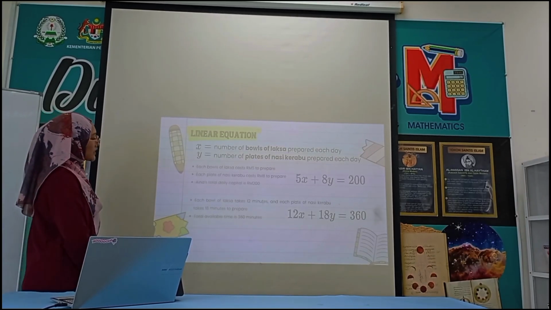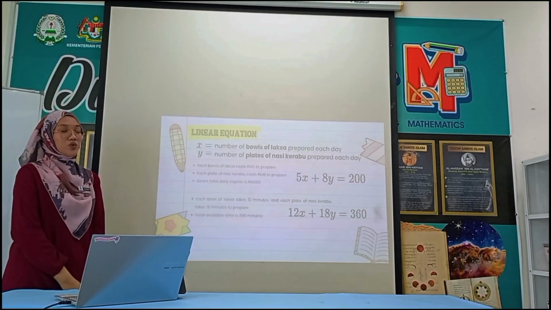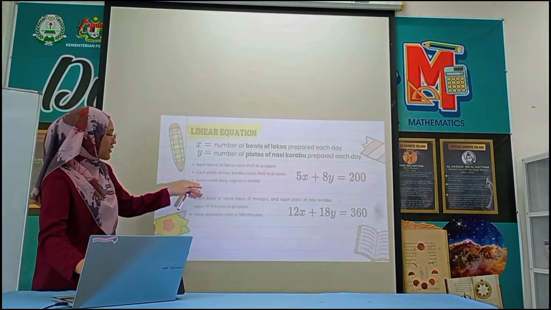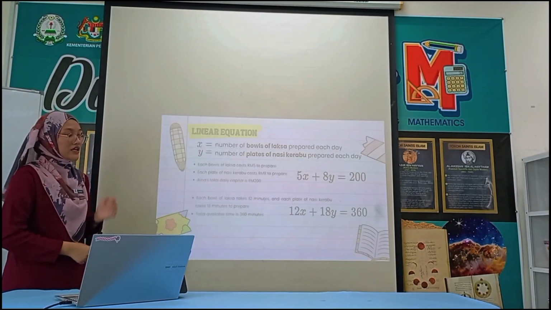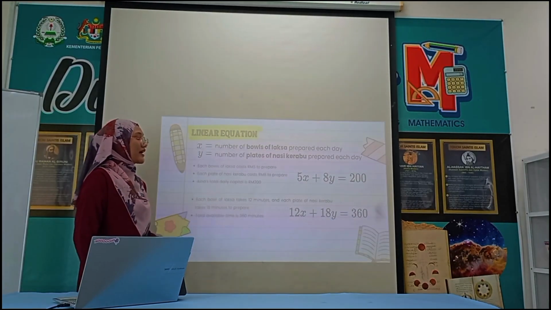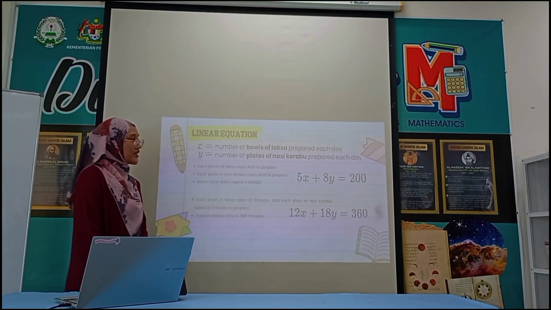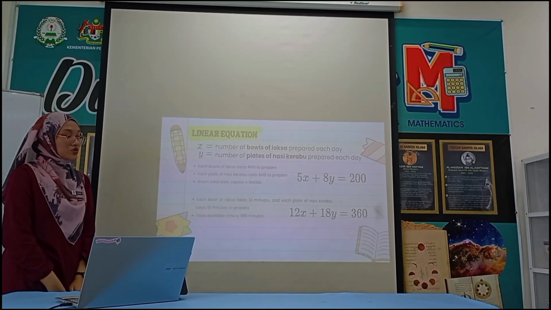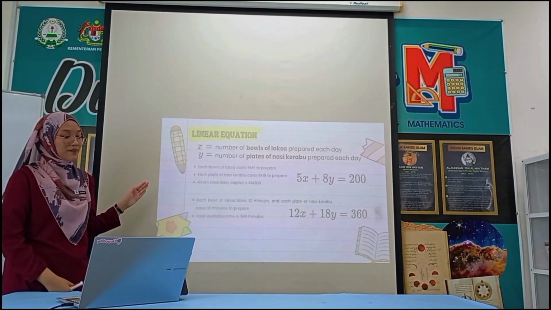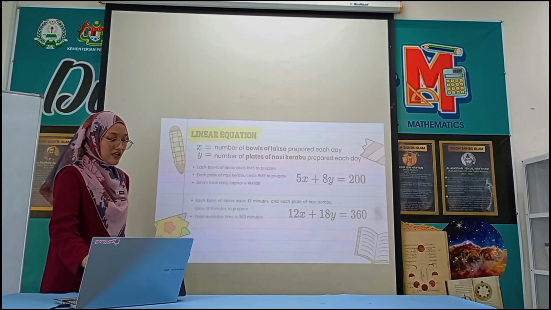Aina's total daily capital is 200 ringgit. So we can form the first equation, 5x plus 8y equals 200. This represents the budget constraint.